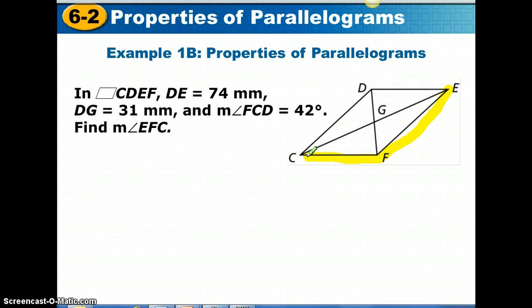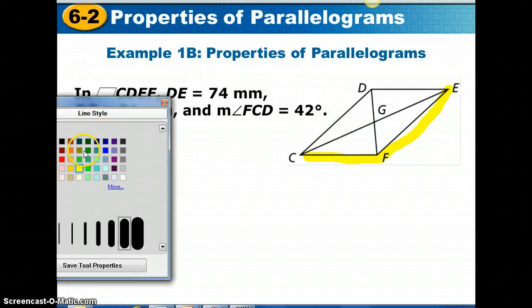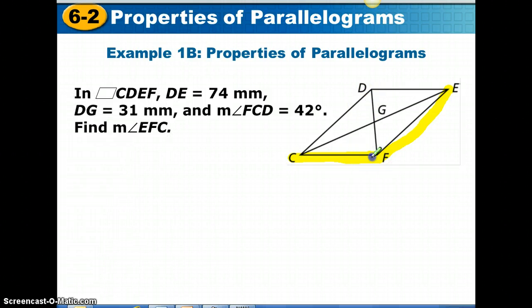EFC. And we're going to look at the given information that FCD is 42 degrees. Well, FCD and EFC are consecutive angles.